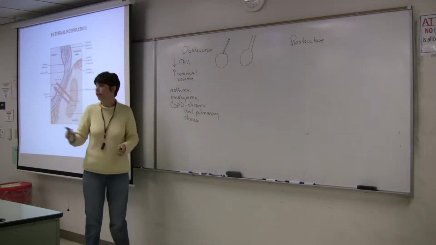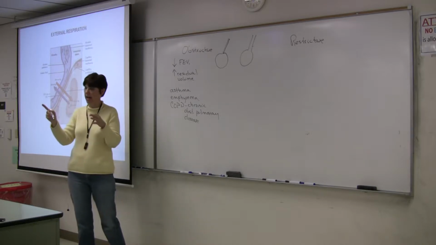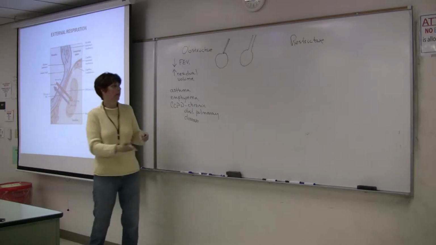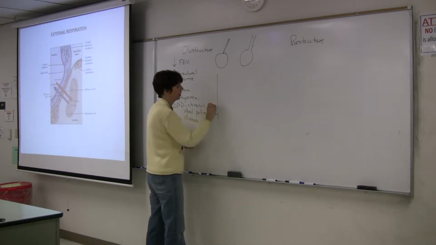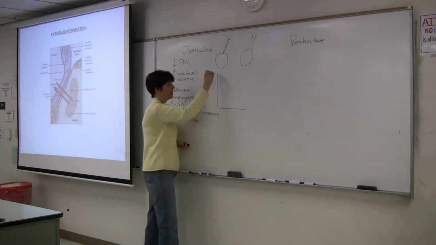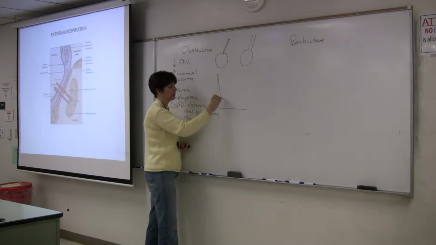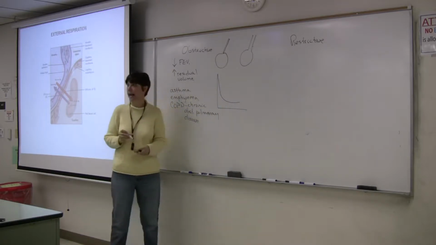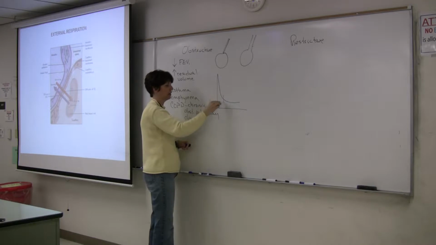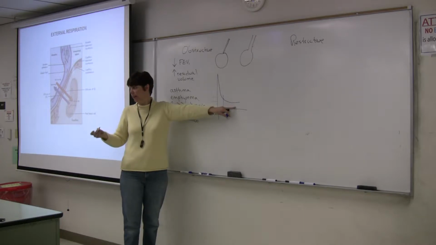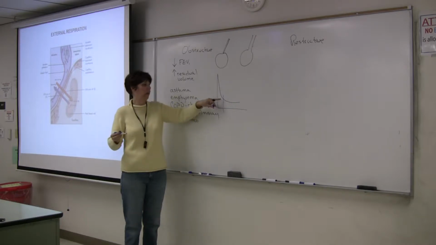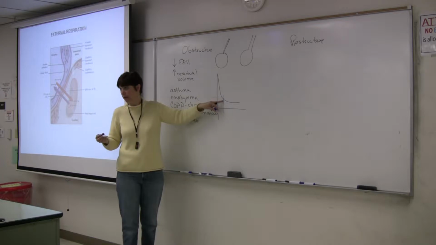If we look at the graph, where we forcefully blow out to vital capacity, and at 1 second we measure, this would be forced vital capacity, the total volume we can blow out, and at 1 second, that would be the FEV1.